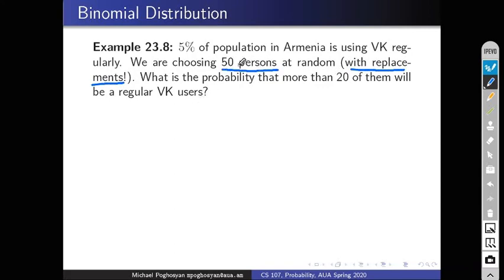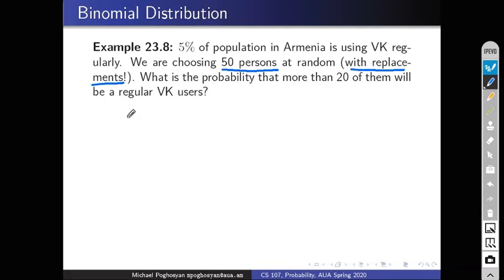One trial is choosing one person at random, because we are doing it with replacements, so we can choose the same person twice or thrice. Our experiments will be independent. So what is the probability that more than 20 of them will be regular VK users?